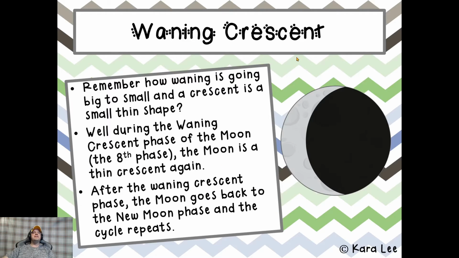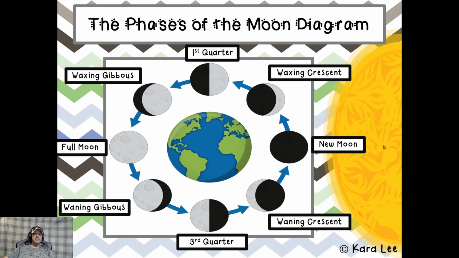The waning crescent. Remember how waning is going from big to small, and a crescent is a small, thin shape. Well, during the waning crescent phase, the eighth phase, the moon is a thin crescent once again. After the waning crescent phase, the moon goes back to the new moon phase, and the cycle repeats itself.